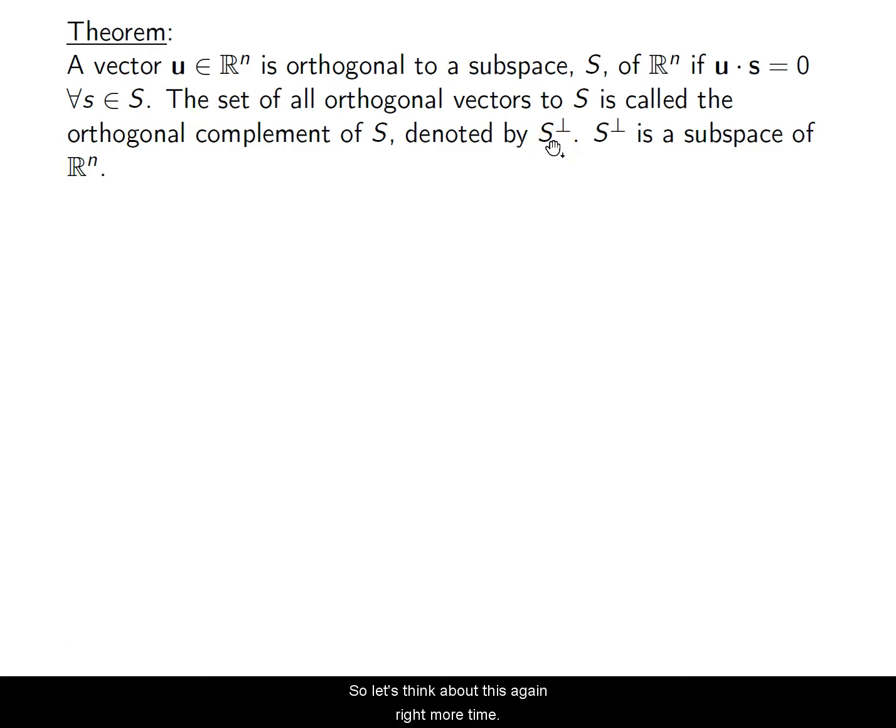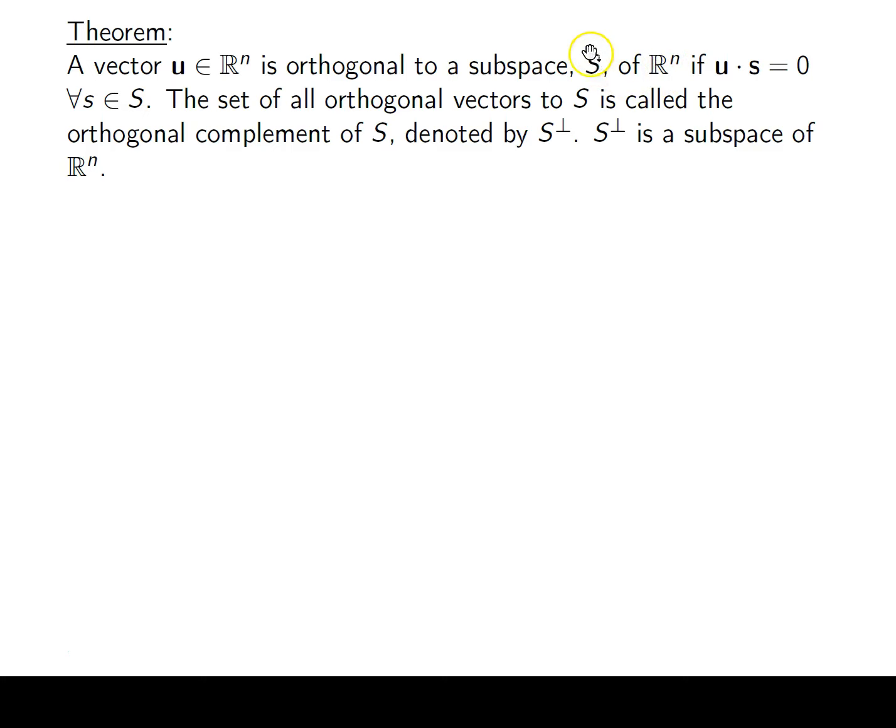Okay, so let's think about this again, one more time. All of the vectors in S, if I have a collection of vectors that are all orthogonal to every vector there, that collection is orthogonal to it. The easiest way to think about this is to think about R3 as my vector space.